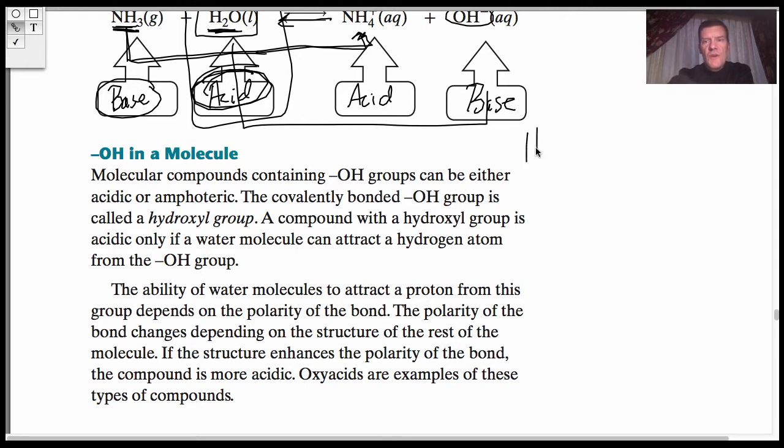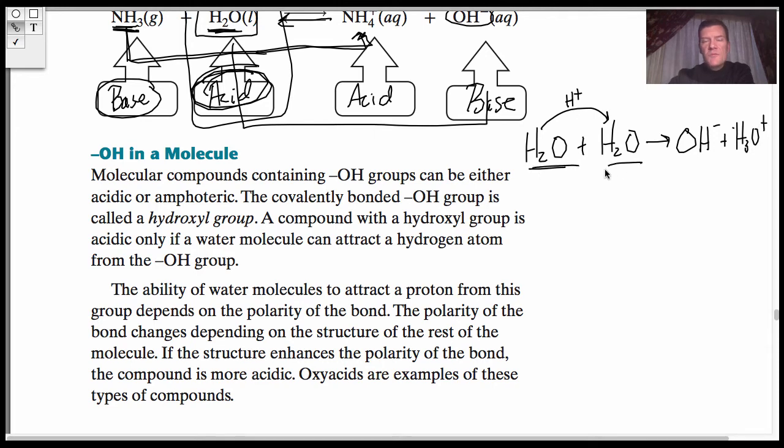If you have water and water, to a small degree, pure water is going to ionize. What happens? One water molecule will behave as an acid, and the other water molecule will behave as a base. So one water molecule will give up its proton and turn into OH negative, and the other water molecule will accept that proton and turn into the hydronium ion, H3O+.